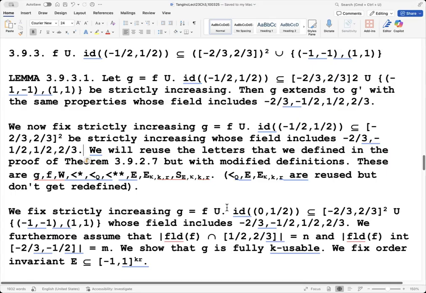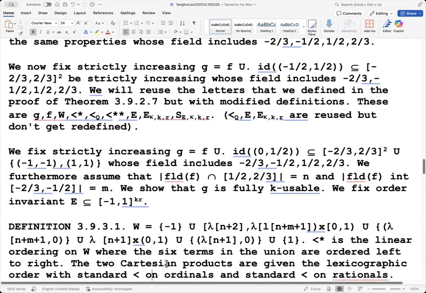Okay, so I fixed this one. Actually, I repeated myself, didn't I? Whose field includes this? Yeah, I should probably put this over here and erase the second copy, but we don't care about it. We're talking about this.